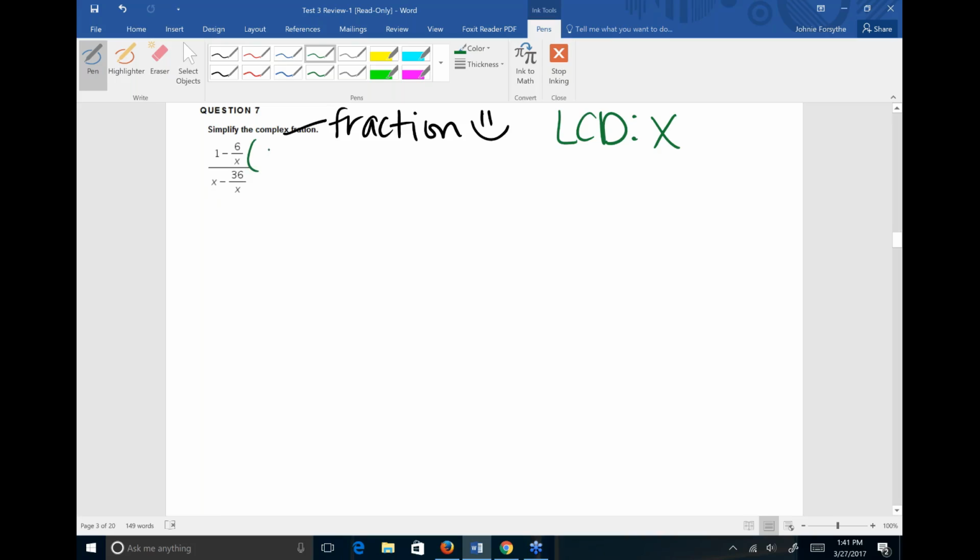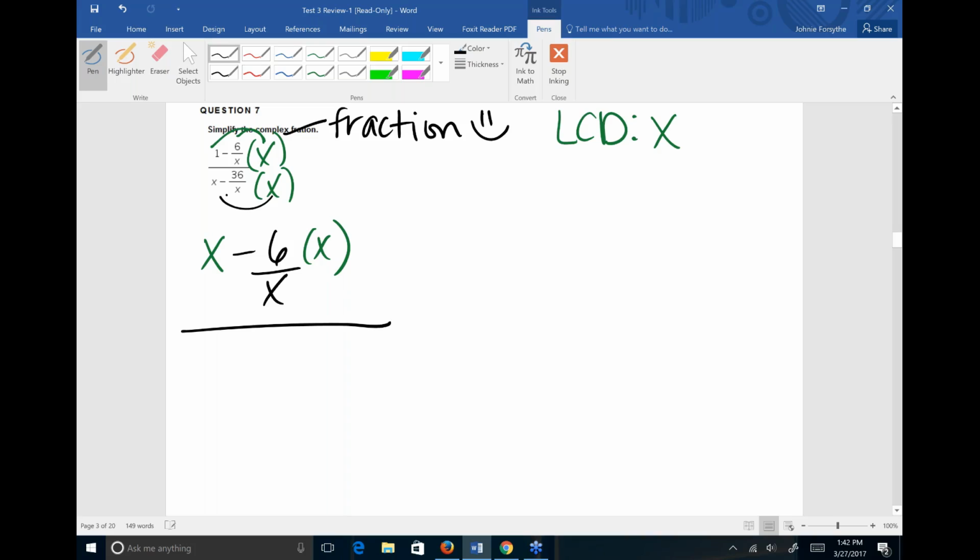So we're going to multiply the top by x and the bottom by x. So when we do that, x times 1 is x, and then we have minus 6 over x times x, divided by x times x minus 36 over x times x.